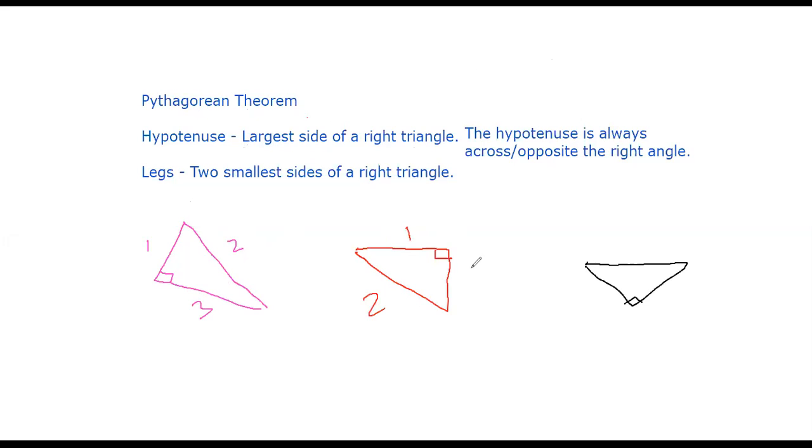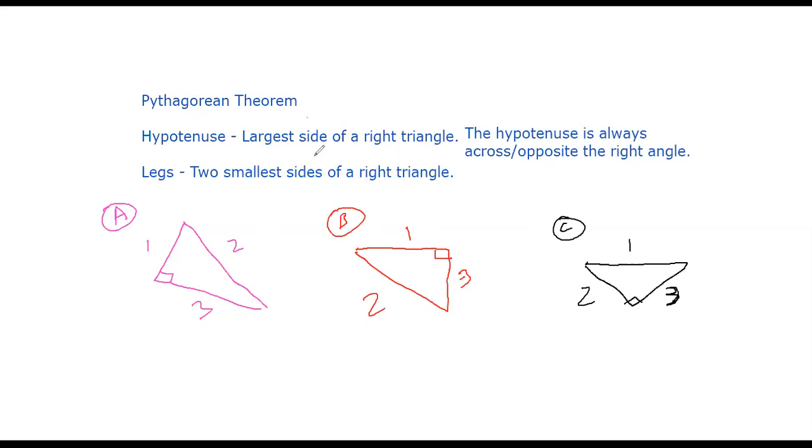1, 2, 3. And then we have 1, 2, 3. Could I get a volunteer to share out number 1? So I'll label these. Let's call this triangle A, triangle B, and right triangle C. Could I get a volunteer for right triangle A?